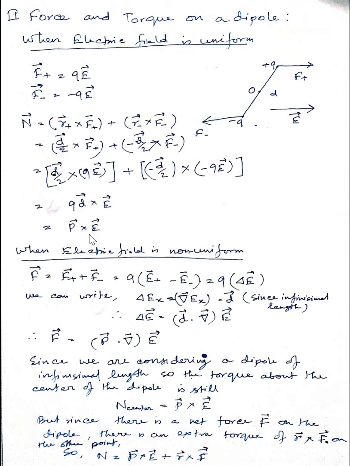Now we will treat the thing in a non-uniform field. So first we will find out the force. Since it is non-uniform, there will be a difference in the two forces.